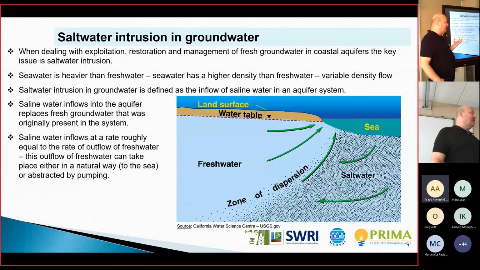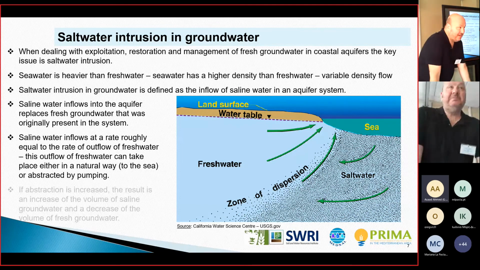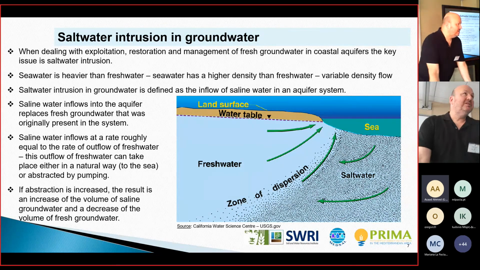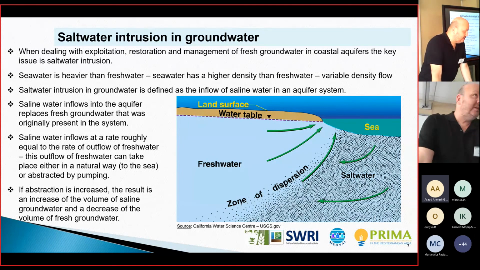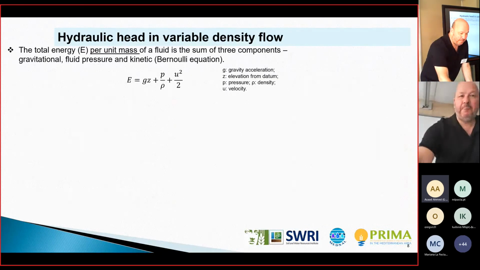So they will be equal. But the outflow of fresh water can be either natural to the sea or abstracted by pumping. So if the abstraction is increased over quite a long period, let's say for the next 2 decades, this means that the volume of saline groundwater will increase and the fresh groundwater will decrease.